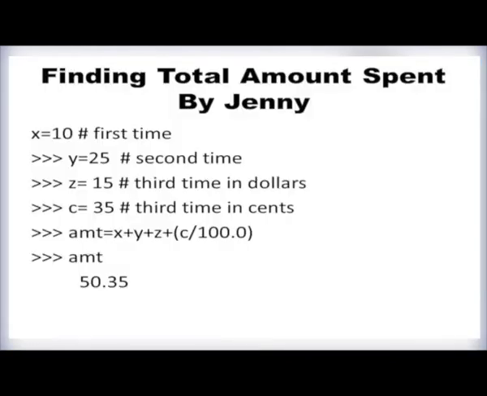Jenny spent X dollars, then she spent Y more dollars, and then she spent Z dollars and C cents. Find the total amount spent by Jenny. Find the remaining amount after distributing X amount to M persons. Let us see the next problem.